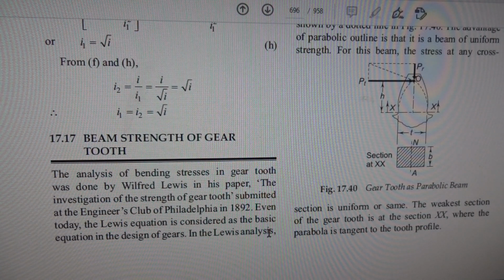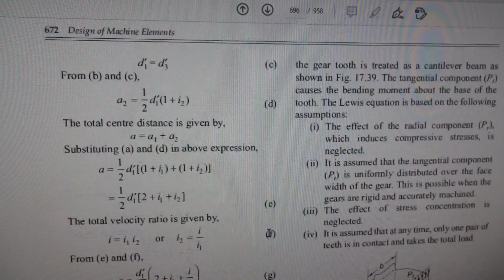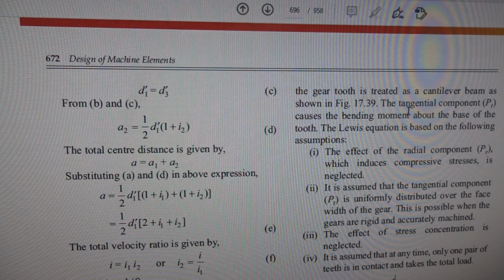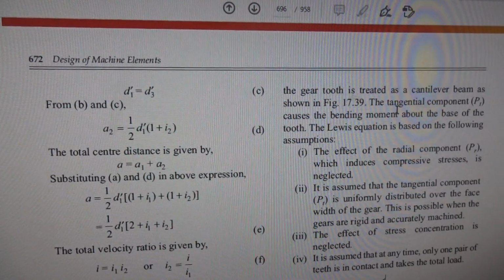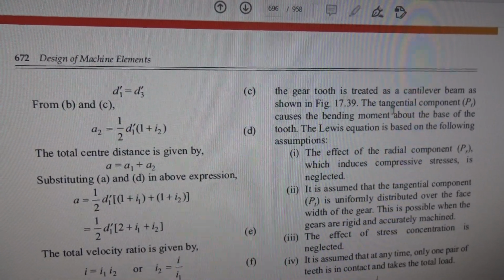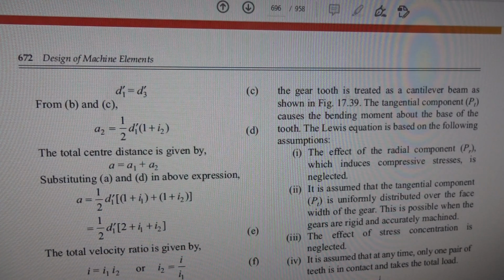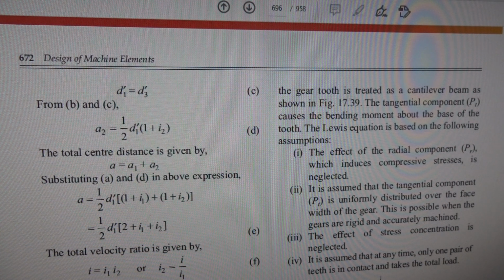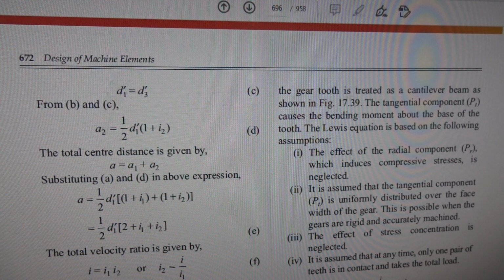In the Lewis analysis, the gear tooth is treated as a cantilever beam as shown in the figure. This is the one tooth I have considered. It is the base. This is the width of the gear, and the tangential component PT lies in this way.